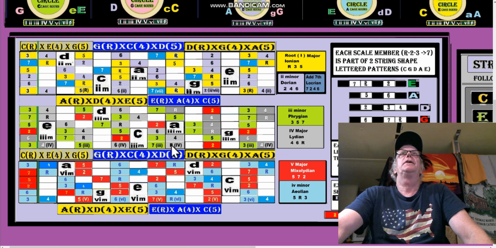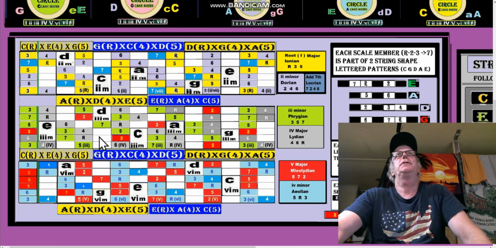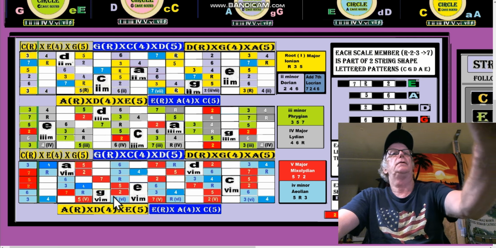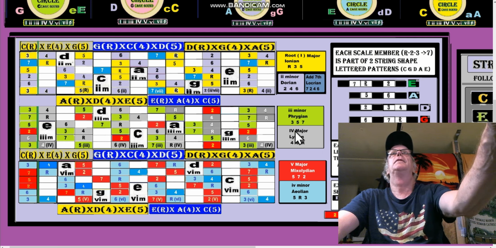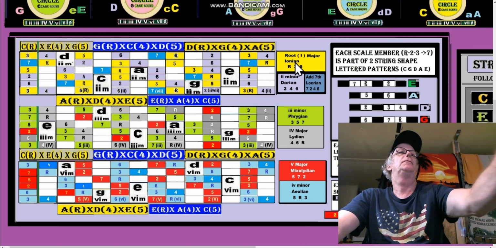The Lydian 4, 6 root arpeggios, this is a very valuable diagram. And then the Mixolydian and the Aeolian were shown together because they don't share any. Here's the Phrygian.